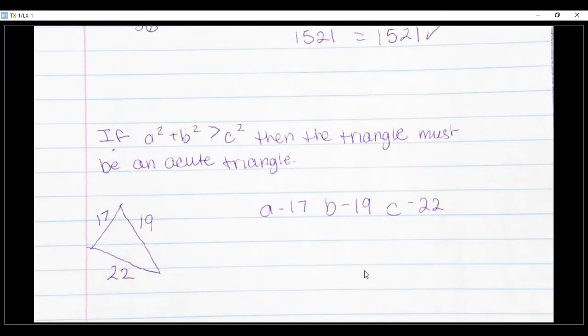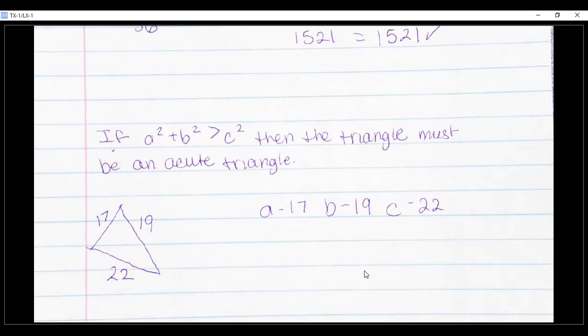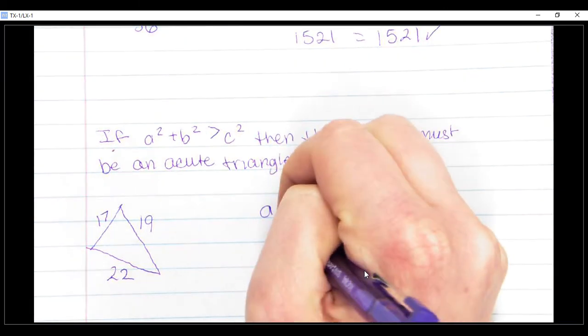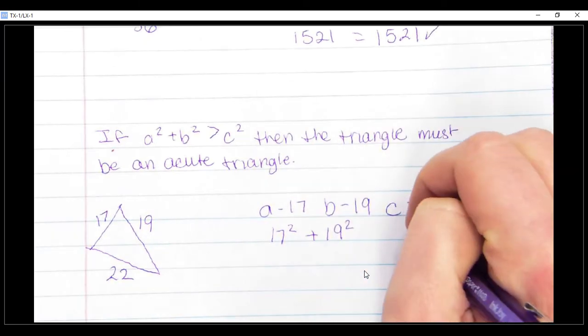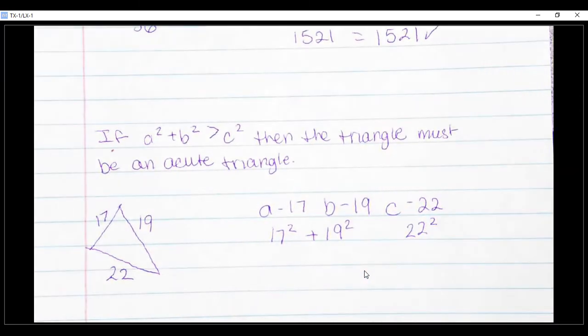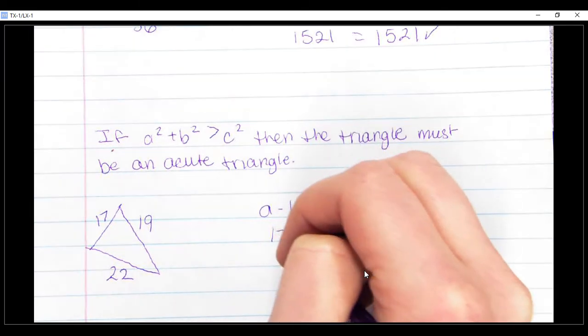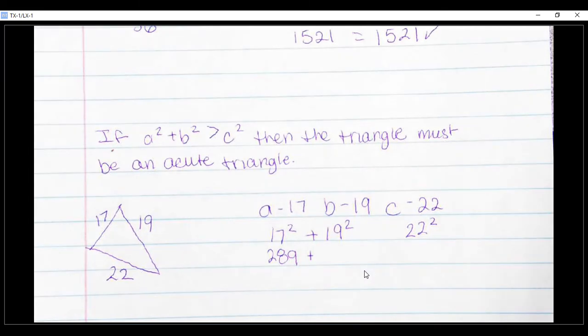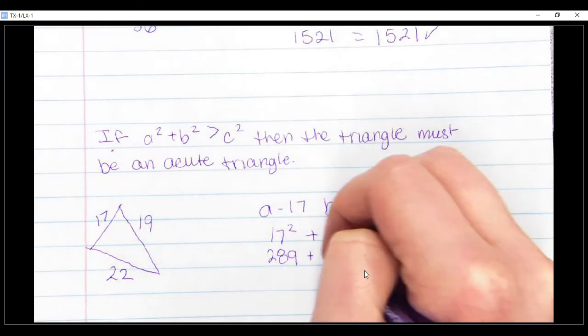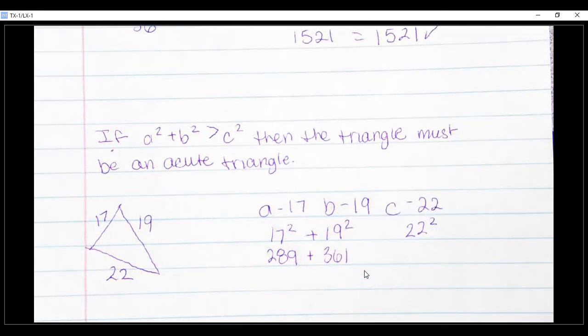So again, I'm going to apply it into the equation where I am going to square A, B, and C, but add A and B together. So I have 17 squared plus 19 squared, and we're going to see that relationship with 22 squared. 17 squared is 289, and I'm adding that to 19 squared, which is 361.